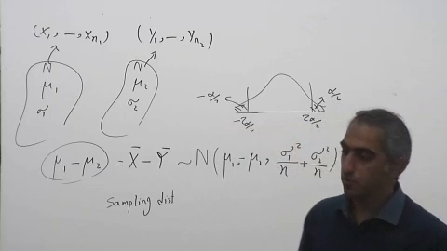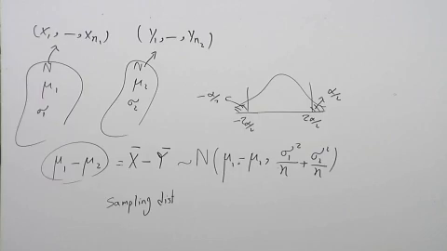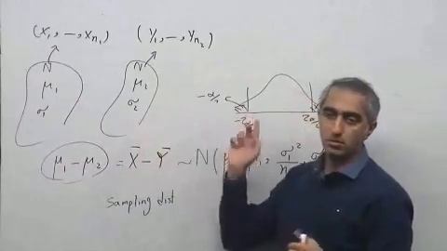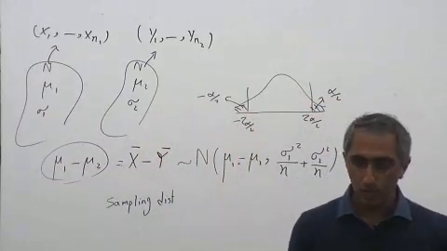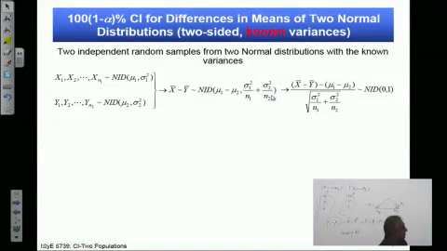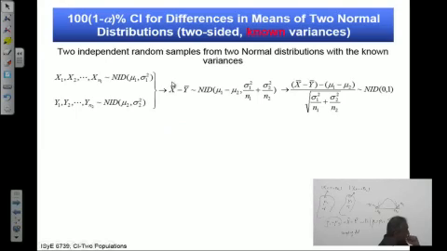This is similar to one population. The only thing I'm doing is changing two populations to one statistic, which follows a normal distribution. That's it. Very important assumption: X bar and Y bar are independent. So the two random samples are independent.